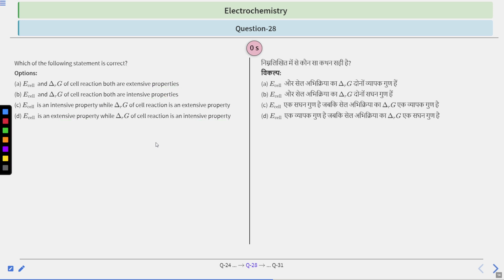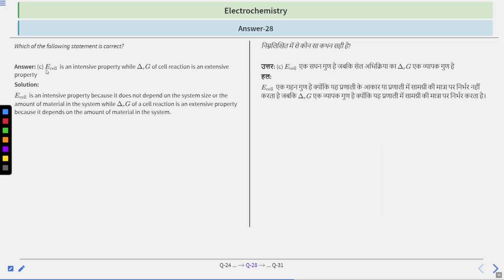Okay. Now let's see the correct answer, that is option C. So this is the correct statement among the given options, that is E of cell is an intensive property while del Rg of cell reaction is an extensive property. So basically E of cell is an intensive property because it does not depend on the system size or the amount of material in the system, while del Rg of a cell reaction is an extensive property because it depends on the amount of material in the system.